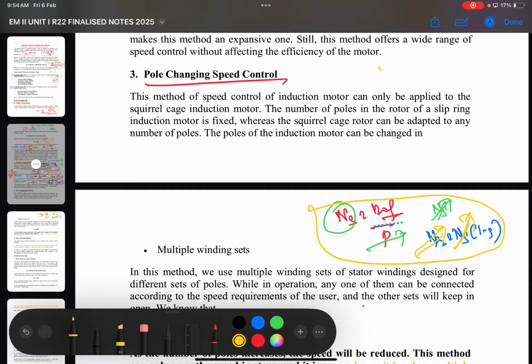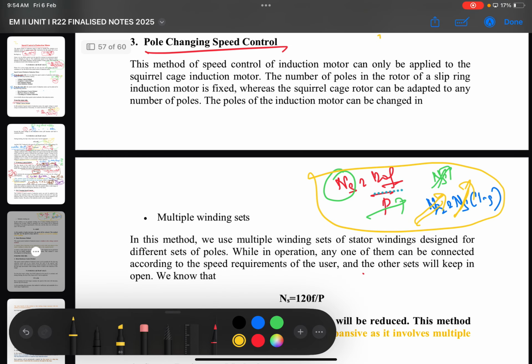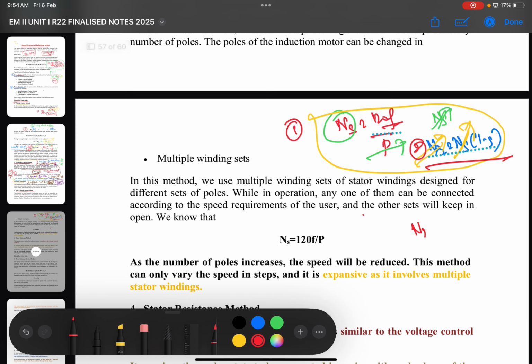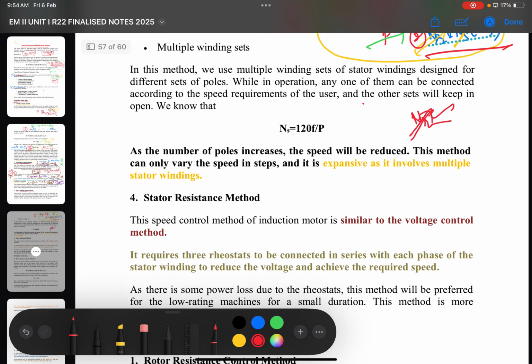This is the simple conclusion. When the number of poles changes, Ns changes, and obviously by using the formula Nr equal to Ns into 1 minus S, the rotor speed also changes.